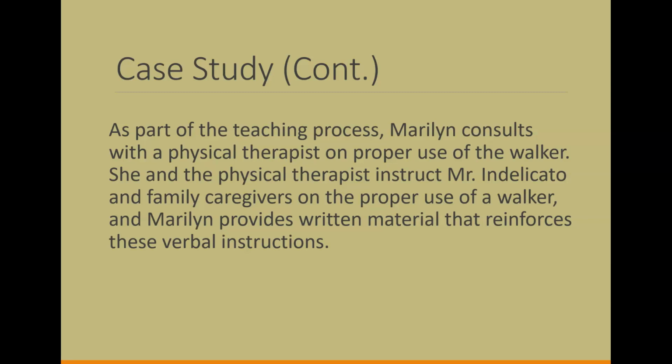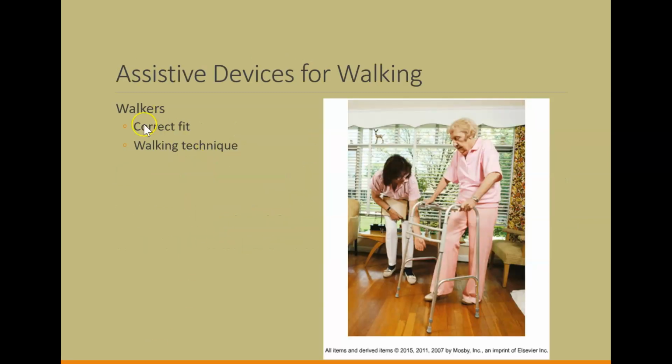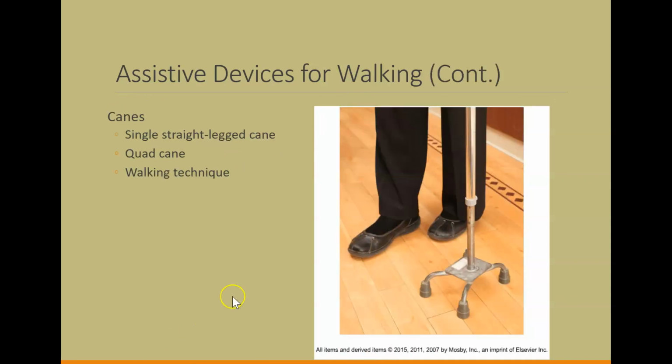Then they hold the hand grips and take a step, move the walker forward, and then take another step. That's how the person should do it, and they shouldn't lean into the walker. So that's the correct technique that I described.